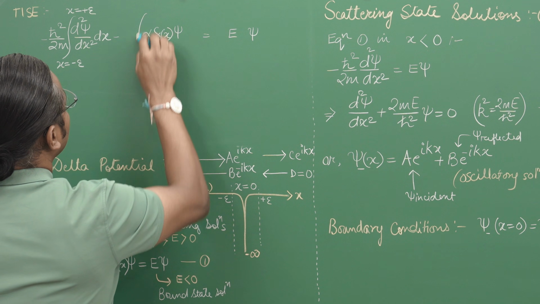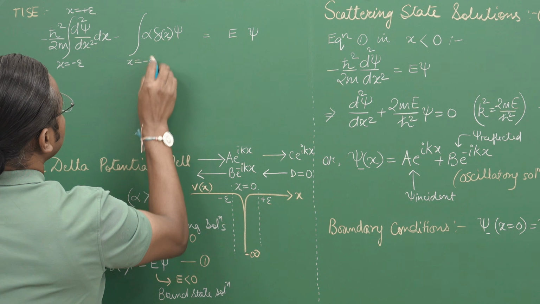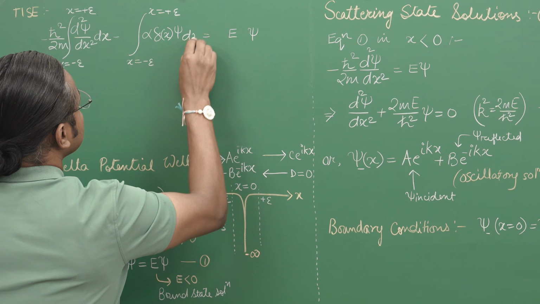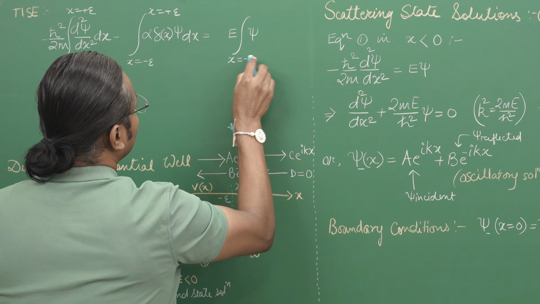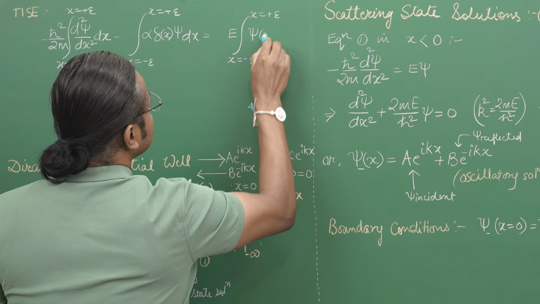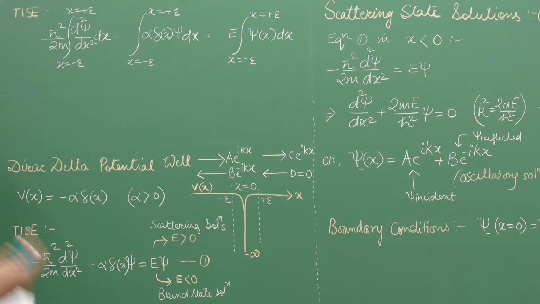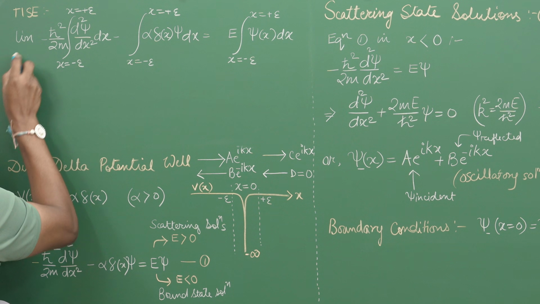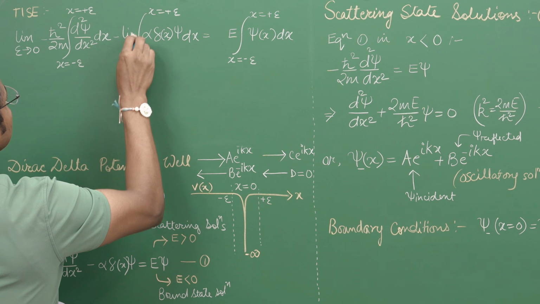And of course I'm going to apply this integral across the board, x is equal to minus epsilon to x is equal to plus epsilon, integrate in the x-axis. Because energy is conserved, it's a constant, so I can take it out of the integral, minus epsilon and plus epsilon, you integrate psi x with respect to dx. And then we're going to take a limit here, okay? I'm going to take a limit such that epsilon tends to 0. You see what I'm doing here?